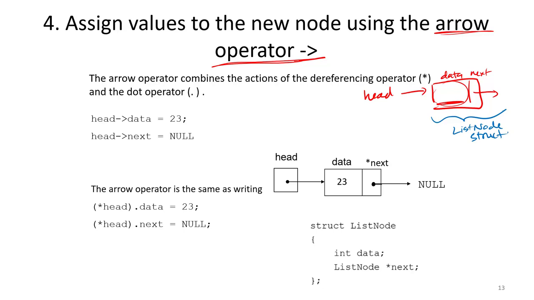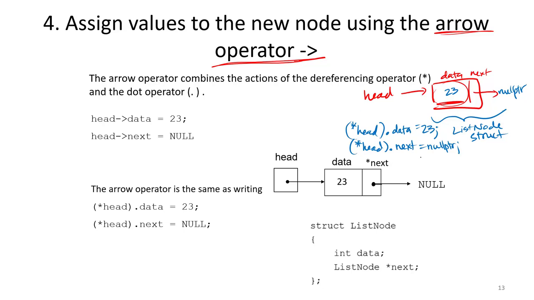So using the tools we already know, what we would need to do is use the asterisk in order to go where head points, and then we'd use the dot operator, and we could say, for example, asterisk head dot data equals 23, and that would put 23 there. We could write asterisk head dot next equals null, and that would make us point to null.